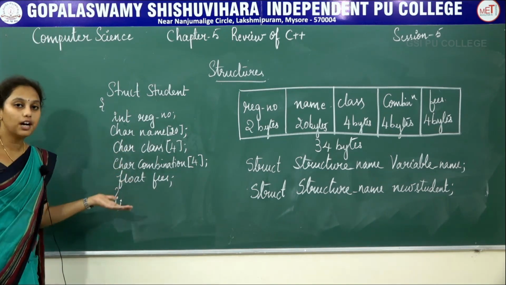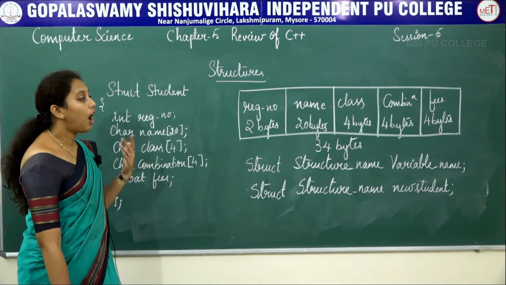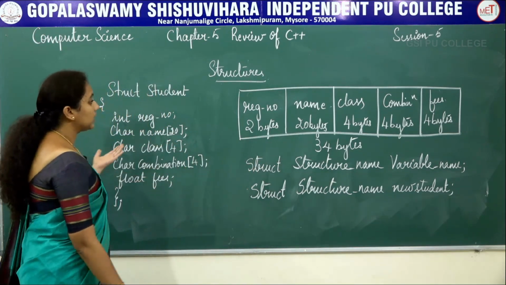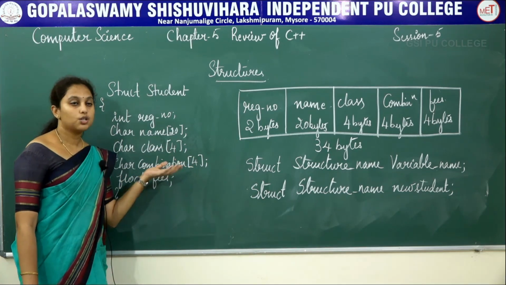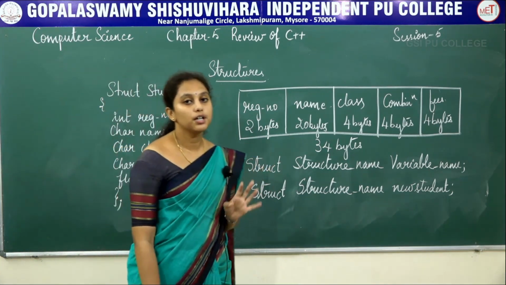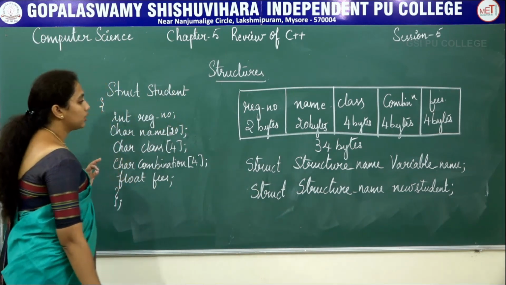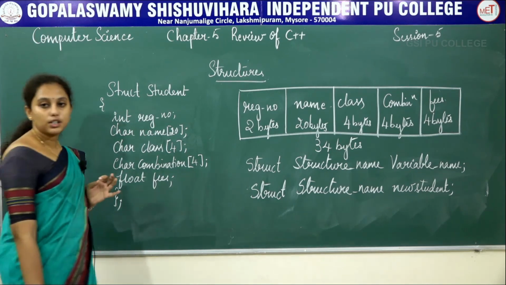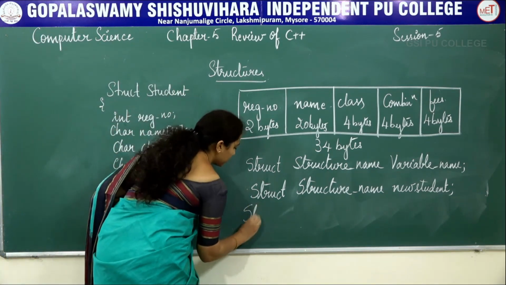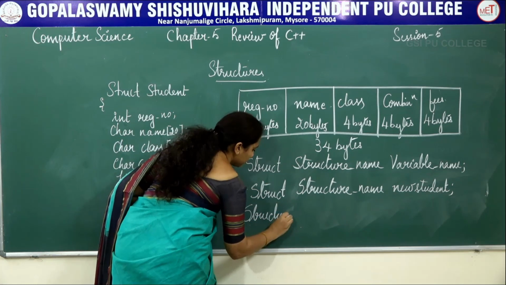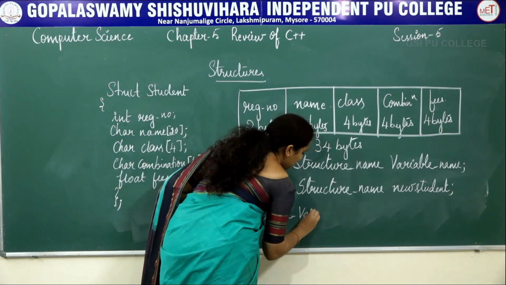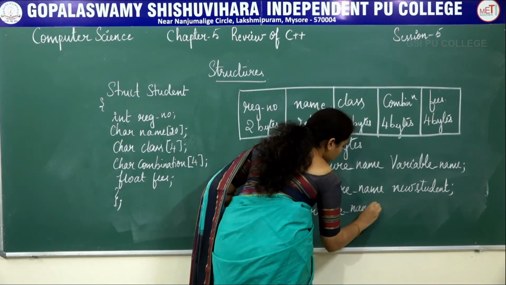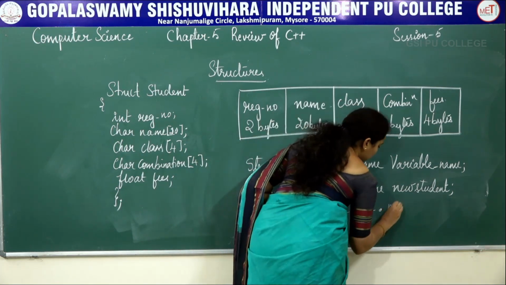After defining and declaring a structure, how do we access its members? We cannot directly refer to the members of the structure, so we follow some rules. We use the syntax structure variable name dot member name.